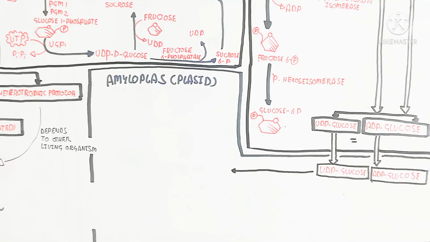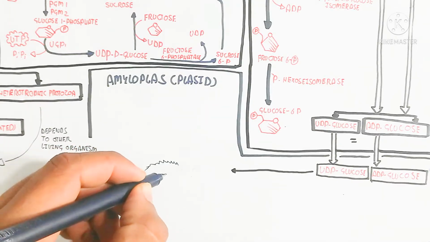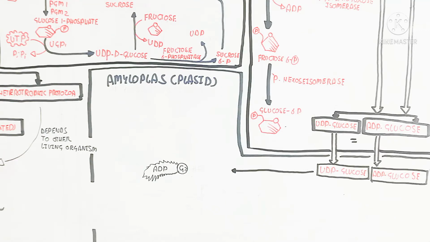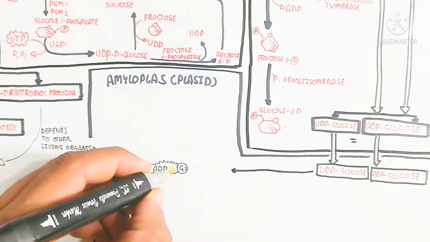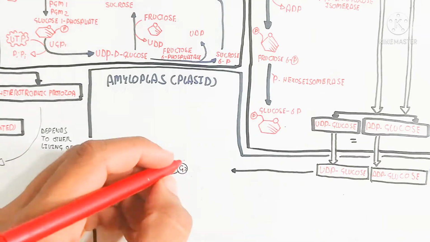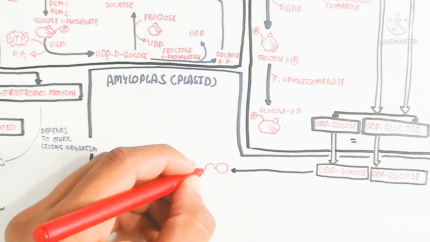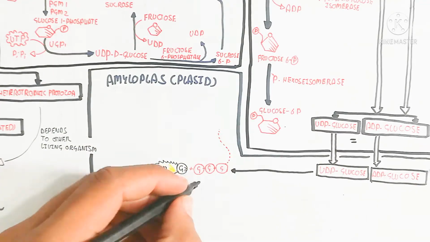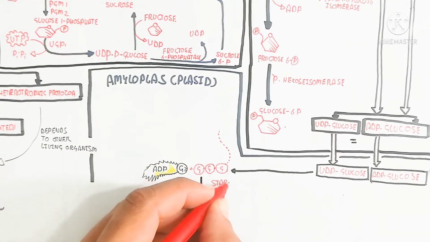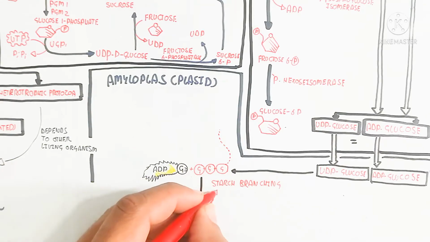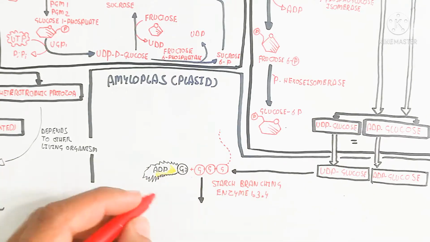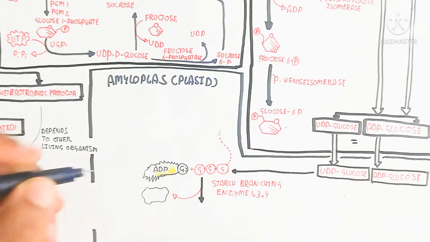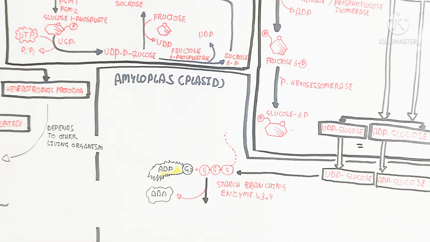In this way, ADP-glucose will be added by starch branching enzymes 1, 3 and 4. The branching enzyme binds at the branch site, carbon number 1, 3 or 4, creating 1-4 and 1-3 glycosidic bonds through chain branching.